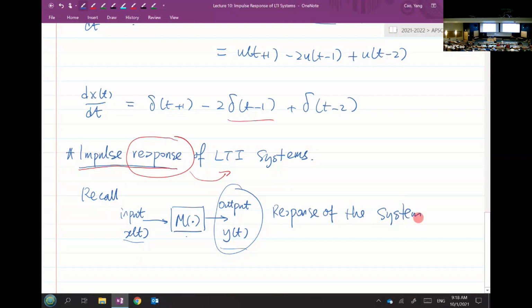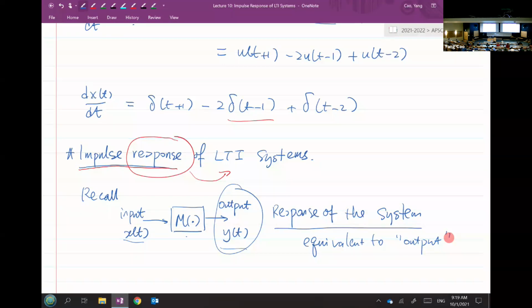So basically, response of the system is equivalent to saying output. Whenever you say response of the system, you're talking about the output of the system.